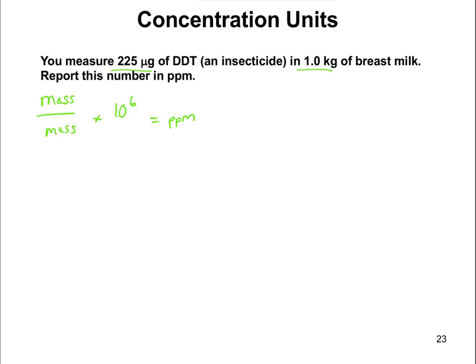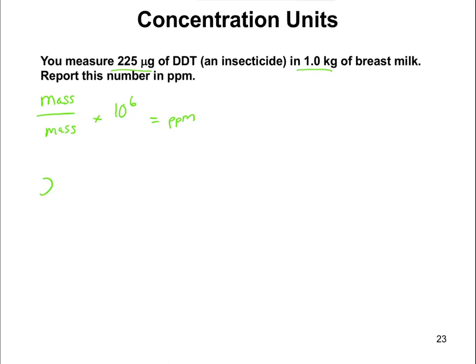So I have to convert both of these to the same units. You could convert everything to grams, you could convert micrograms to kilograms, you could convert kilograms to micrograms. It doesn't really matter how we do this. Since we have 1 kilogram, nice and clean, I'm just going to leave that number alone and convert the 225 micrograms to kilograms.